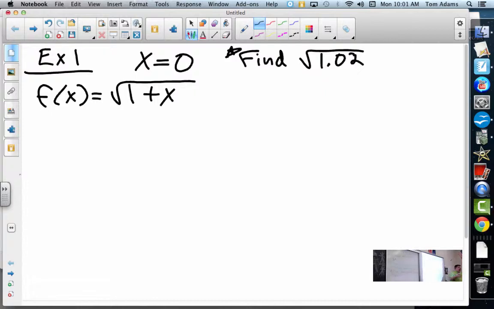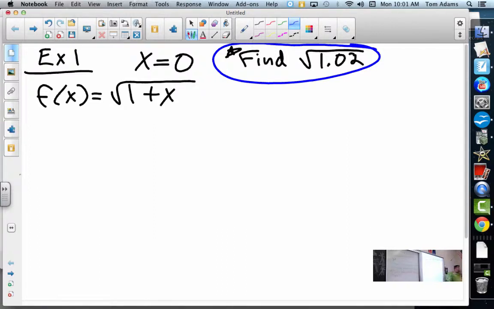We know that it's very close to 1, but we don't know how close. And to find the answer to this without a calculator is kind of challenging. So what we're interested in is some sort of way to figure out what this is.